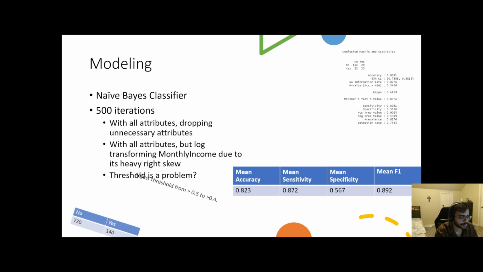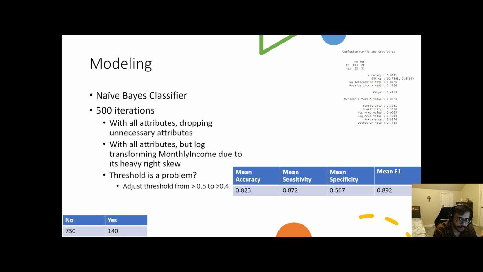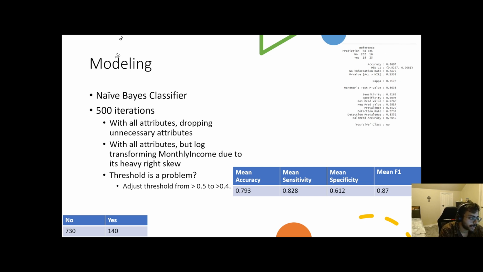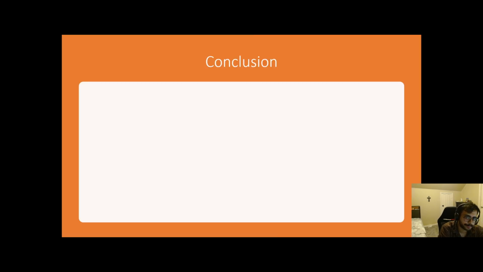Because in the data set, there are more no's than there are yeses, so the model has more information for no's over yes, so it will better predict no's over yes. By adjusting that threshold, what I found was although mean accuracy, sensitivity, and F1 score decreased, the specificity increased, and this is what we were really looking for. And obviously, there could be some overfitting, but the validation set will tell the story.